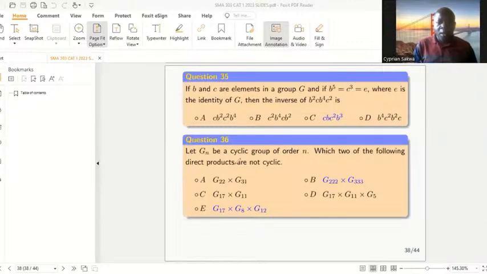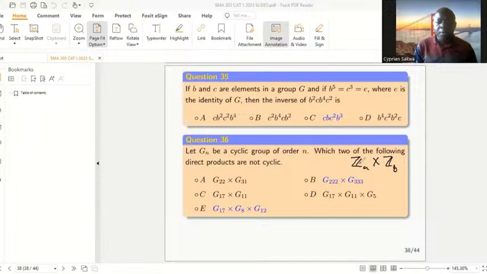Which of these two are not cyclic groups? So when do we say they're cyclic groups? Supposing I have Z_A plus Z_B.